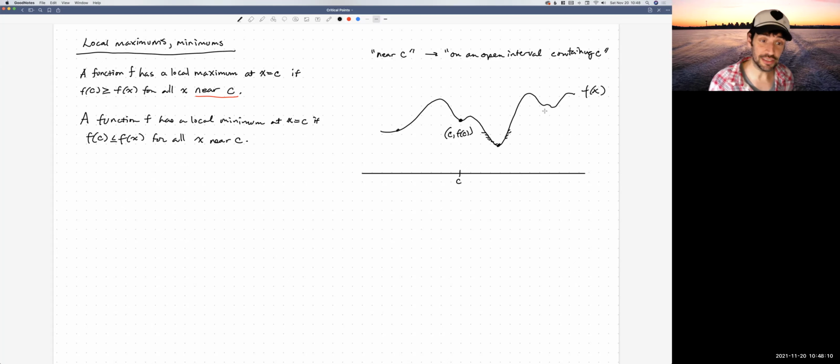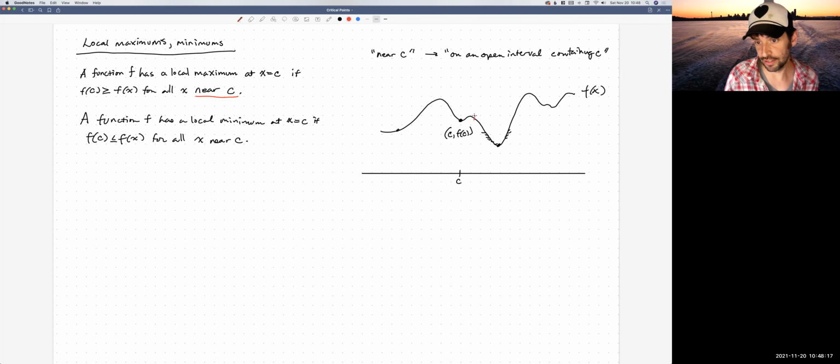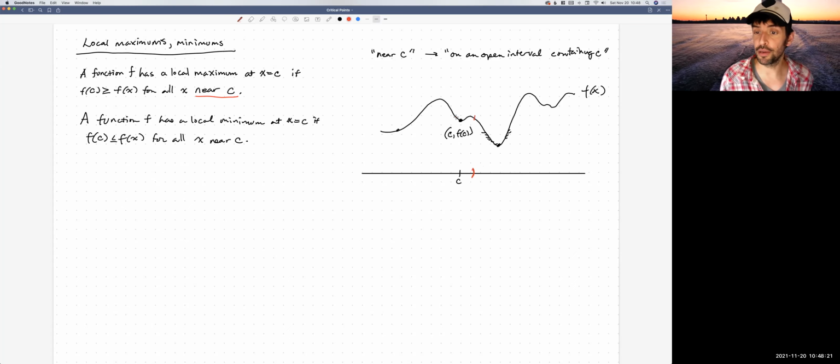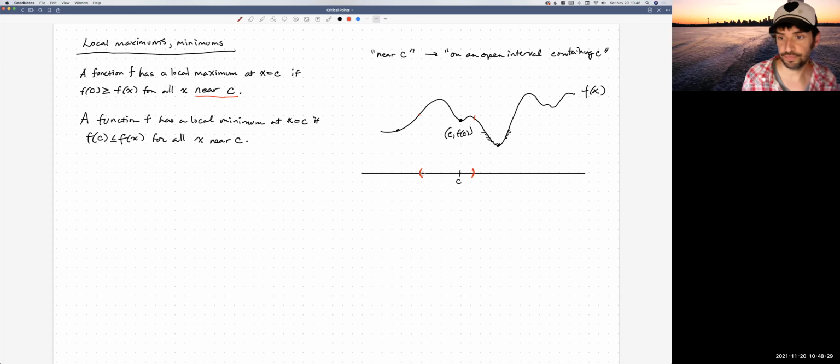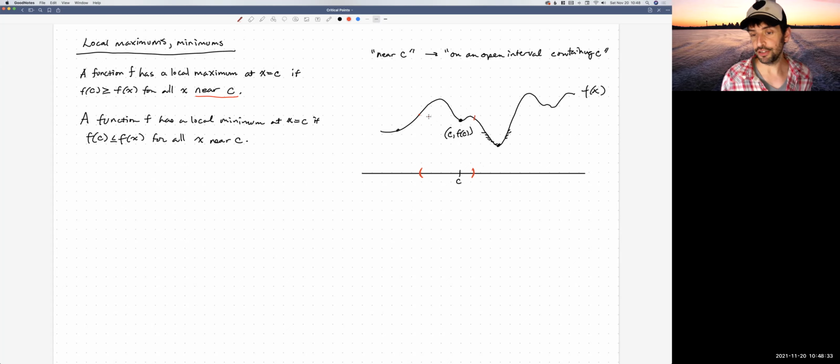But if I restrict myself to some open interval, so for instance, if I look at the values near c, so I'm coming up with an open interval, I can go to about here. If you look at this interval, any value of the function, right?